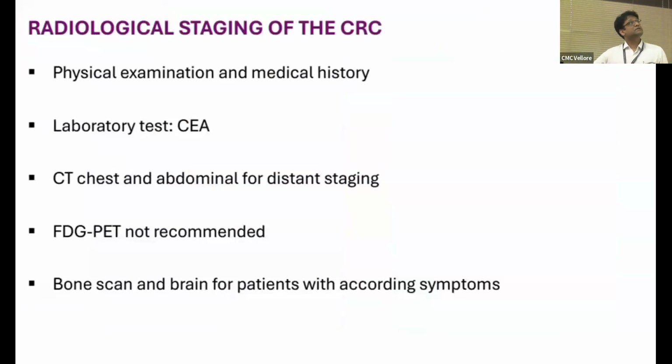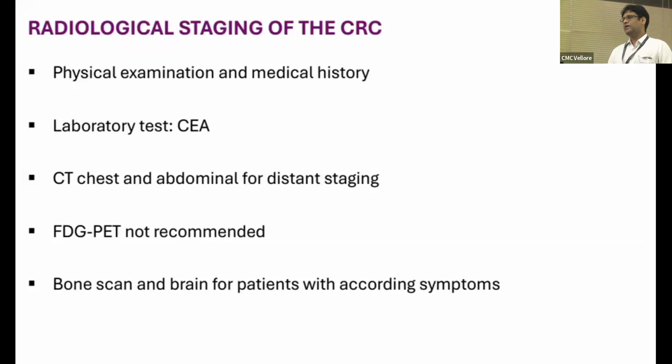And staging, we said, so the steps involved are initially history and examination. You can do a CEA to assess if it's secretory or non-secretory. CT should be done to stage both the chest as well as the abdomen. And FDG PET is not recommended. So that's important to remember. We sometimes think that the PET solves all the problems.